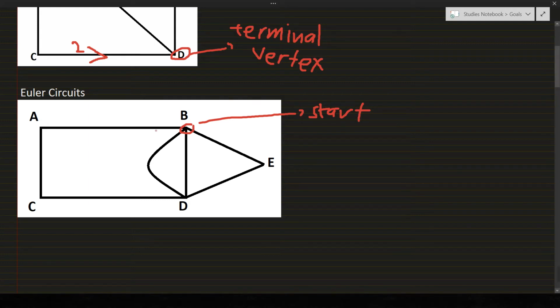So the solution will be: first I can go here and name it number 1. Then after that, go here, number 2.